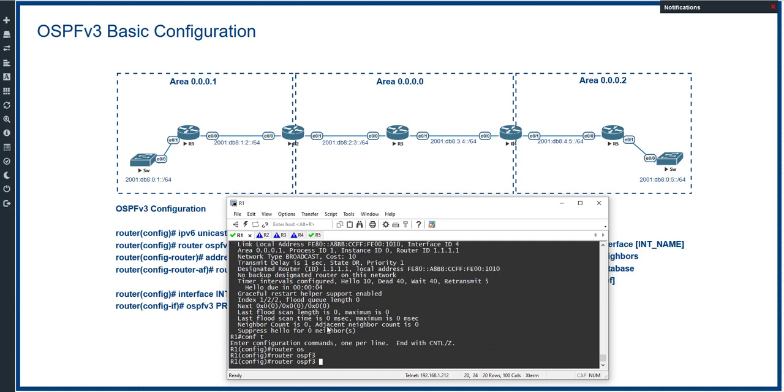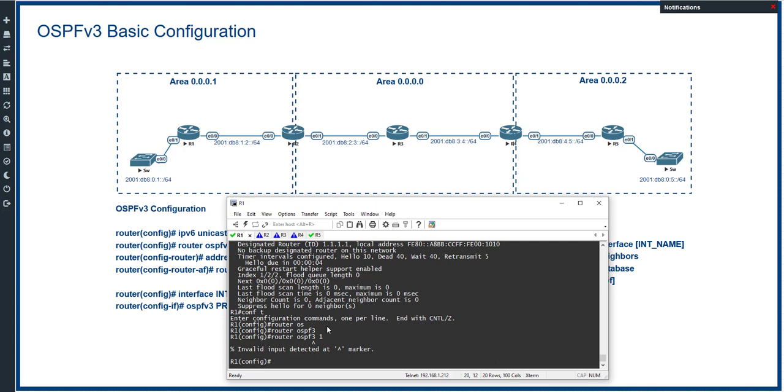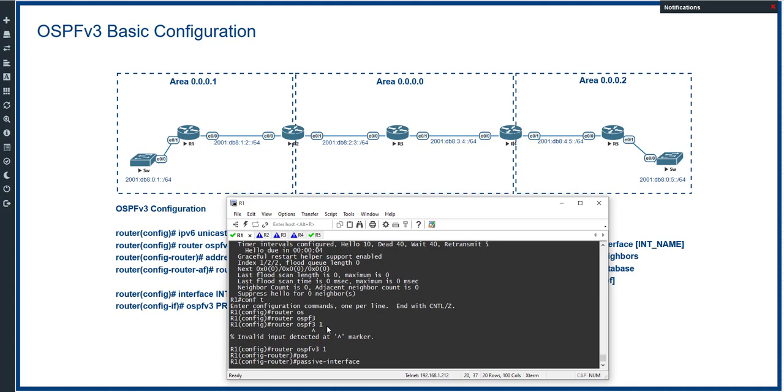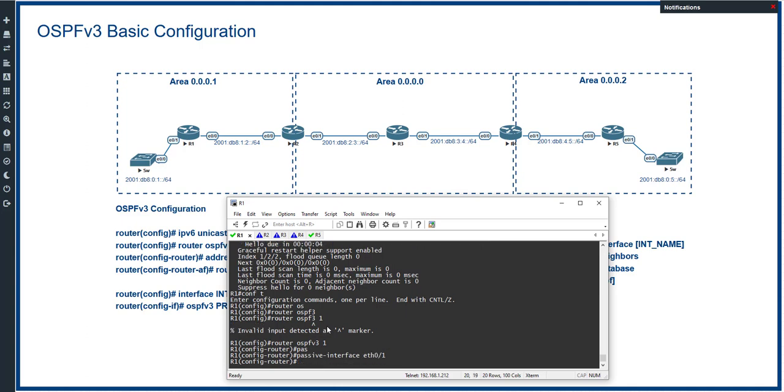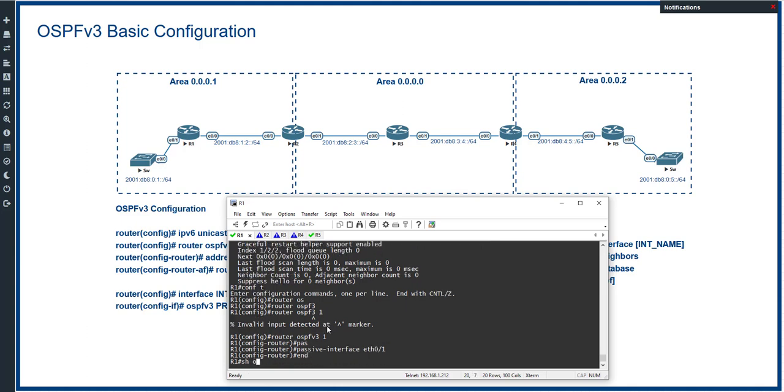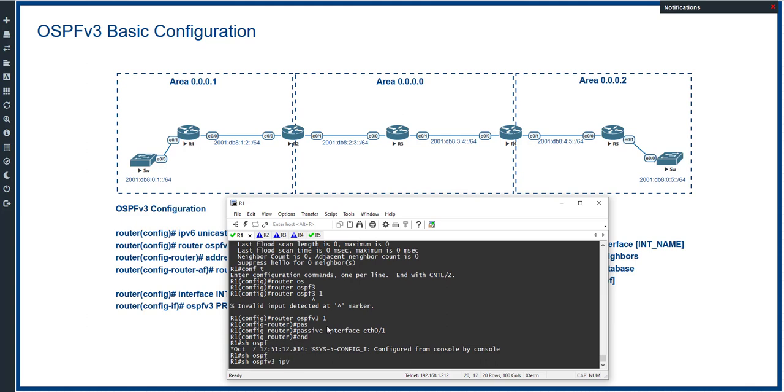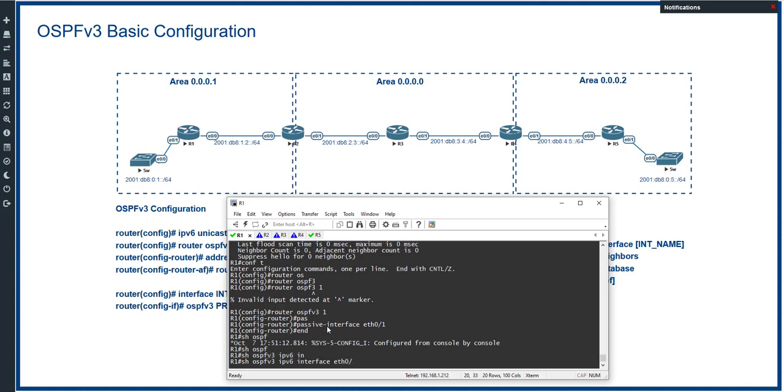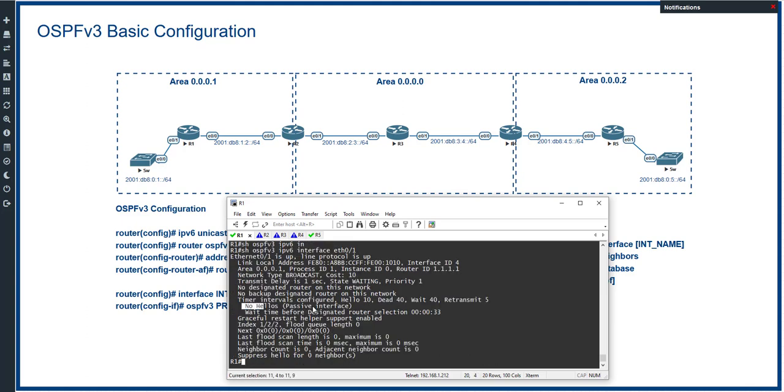Here we should use router ospfv3 process 1, then passive-interface ETH01. That's it, so easy. Look here, show OSPFv3 IPv6 interface ETH01 shows us that now we don't send hello packets. With this command you can easily find the passive interfaces.